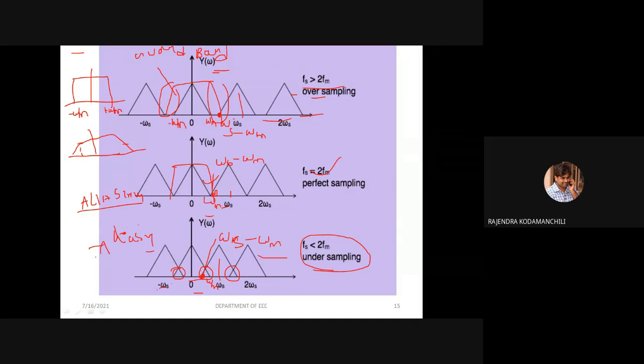Our time is 3 to 4 p.m. In the ideal case, at sharp 4 p.m. the class ends. But in the practical scenario, I will take four or five minutes more. The ideal case cuts sharply; the practical case takes some delay. Because of the practical low pass filter, it takes some delay. That's why some space occurs in between signal to signal. That space is called the guard band.